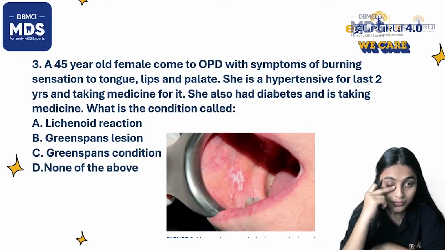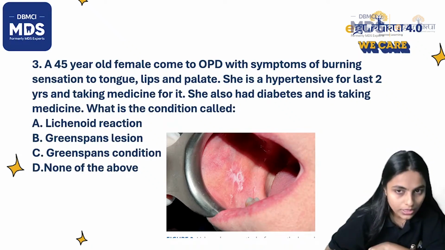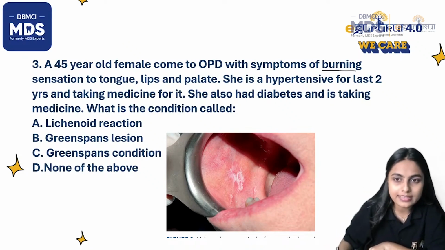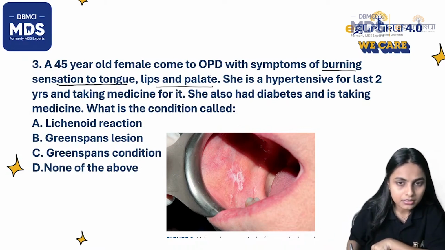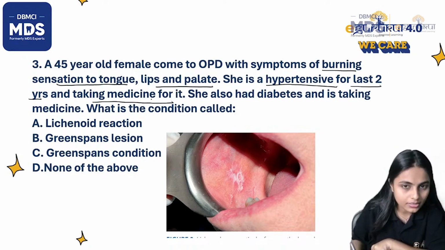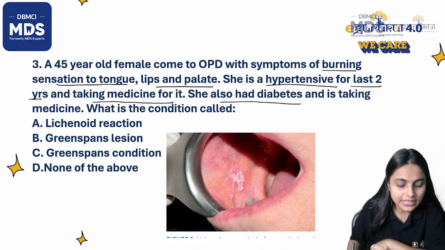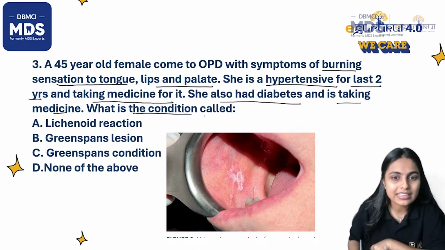Third question: a 45 year old female comes to OPD with symptoms of burning sensation of tongue, lips and palate. She is hypertensive for the last 2 years, taking medicine for it. She also has diabetes and is taking medicine for diabetes also. What is the condition called?